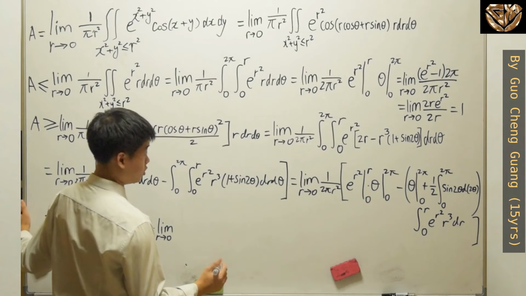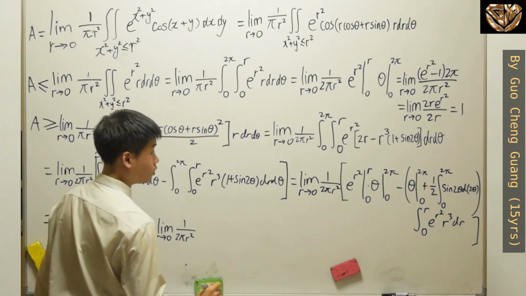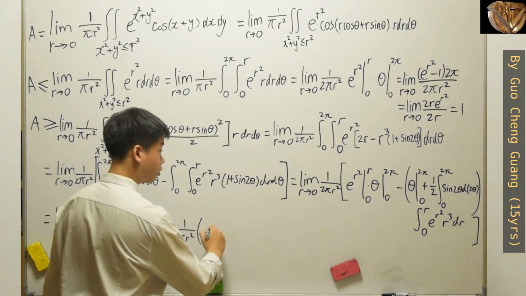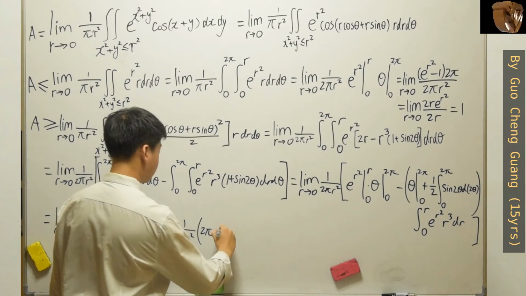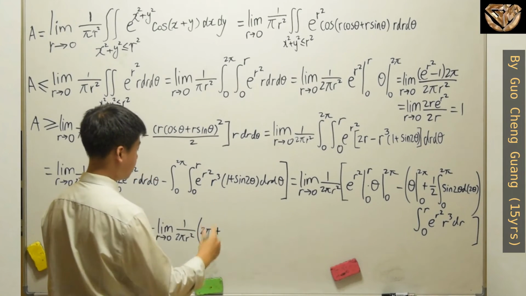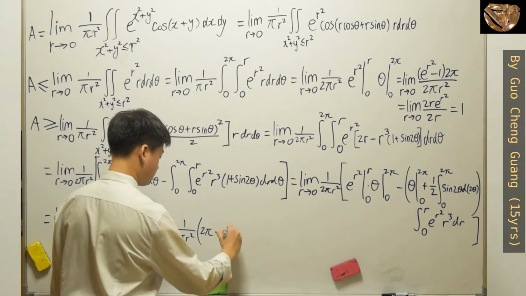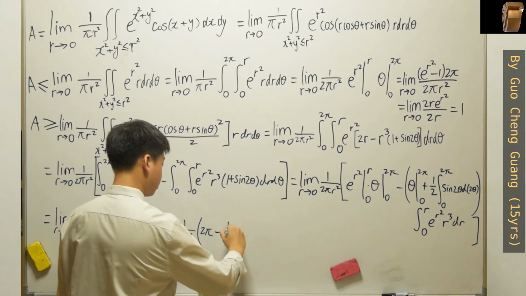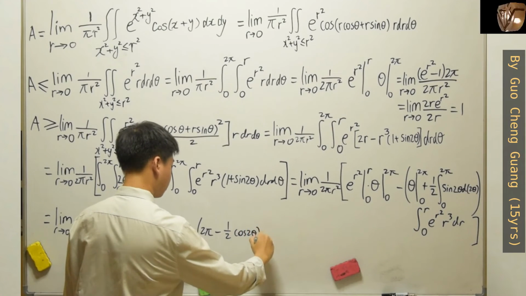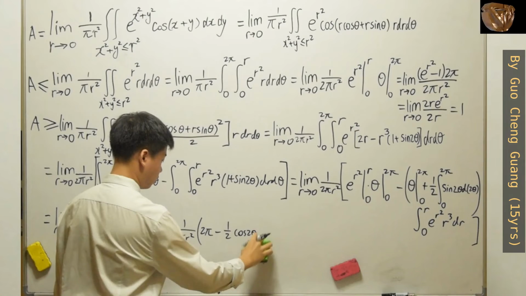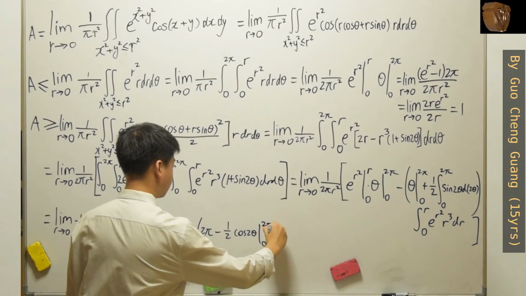Now, since you have this part, so 2 pi, and then you have to add on, so sine, when integrated, it becomes a negative cosine, and you have to substitute in the values 0 and 2 pi.